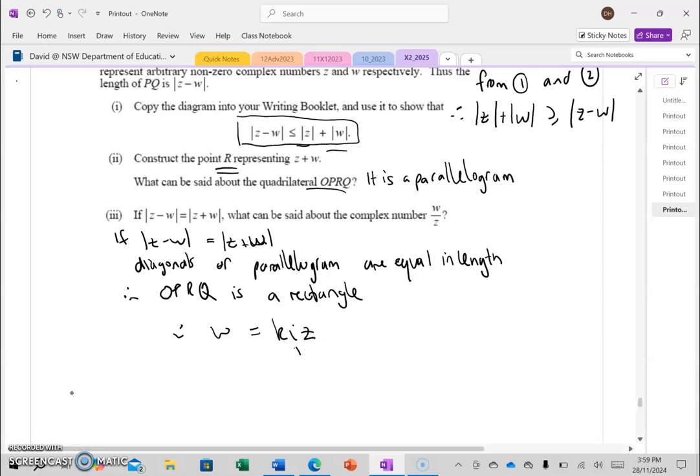Okay, this is a rotation by pi on 2 anti-clockwise. And K is a real number not equal to 0. Okay, and that represents the dilation going from Z to W.